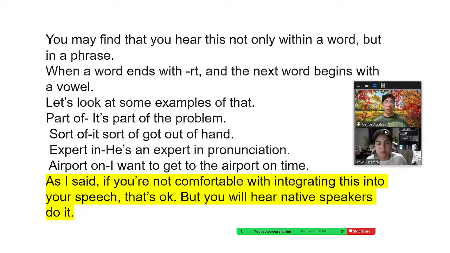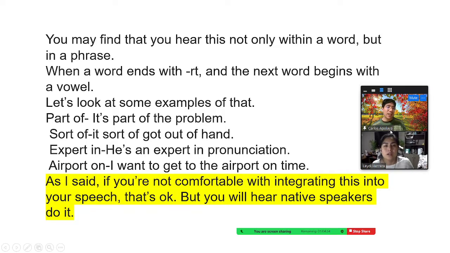Next. You might find that you hear this not only within a word, but in a phrase. When a word ends with RT and the next word begins with a vowel, let's look at some examples of that. When you have part of, you say parta. Part of. Please read the example. It's part of the problem.